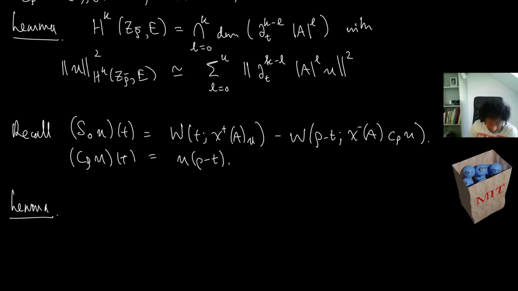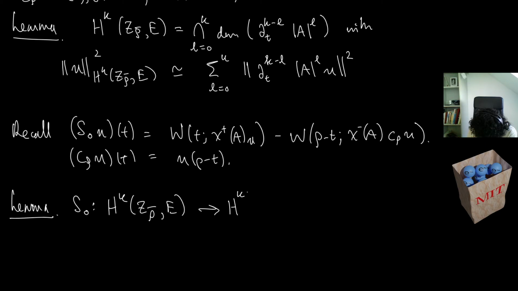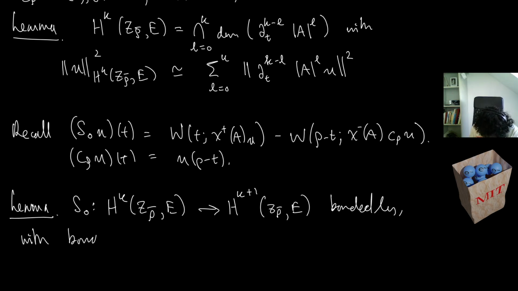Okay, anyway. So what's the main lemma here? The lemma is that this operator S naught maps H^k of Z rho bar, E to H^(k+1) of Z rho bar, E boundedly, with bound independent of rho.